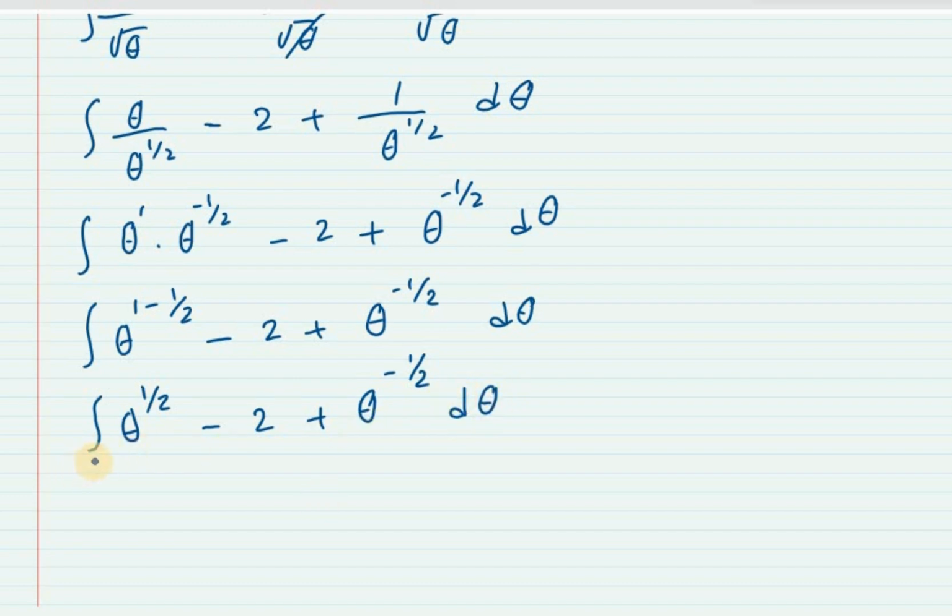Now we can write this integral and d theta with each term. We can directly integrate it even if we do not write like this, but we will do a step here.